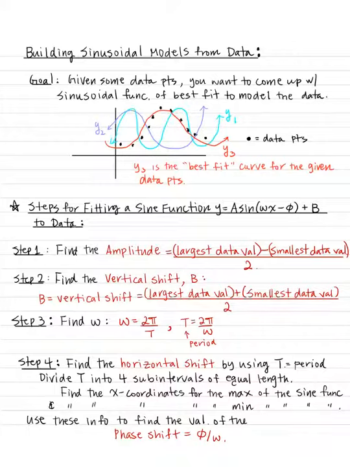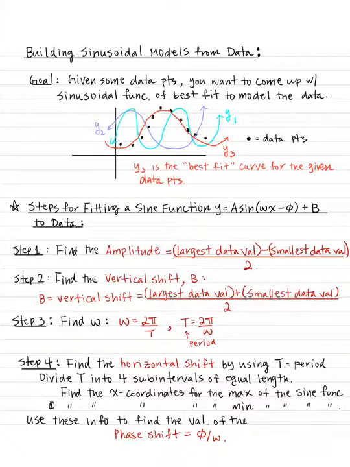Step 2, find the vertical shift, which is denoted by b, which will be the largest data value plus the smallest data value divided by 2. Step 3, find omega. Omega can be found by 2 pi divided by T, where T is the period, 2 pi over omega.